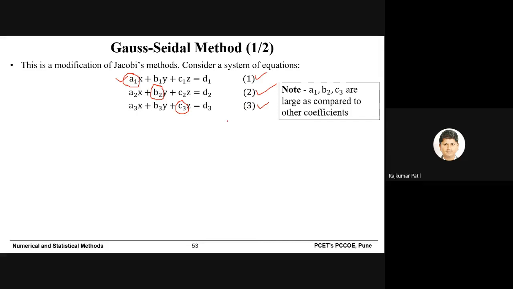And a question may come to your mind: what will happen if we don't follow this particular rule? You can try to solve the problem without following it. You will easily understand that you are not converging towards the solution.